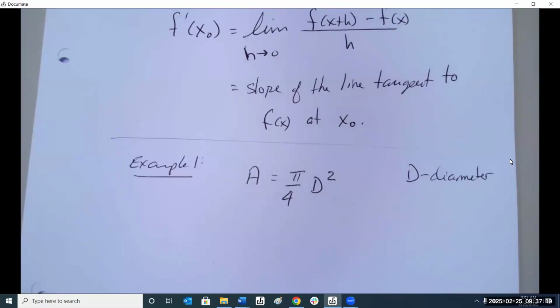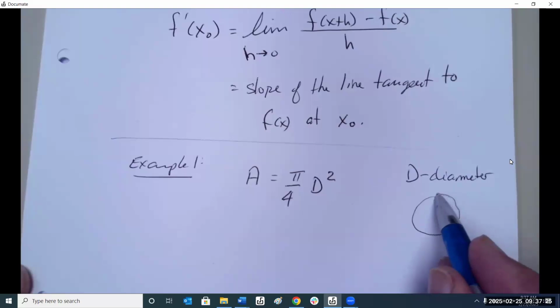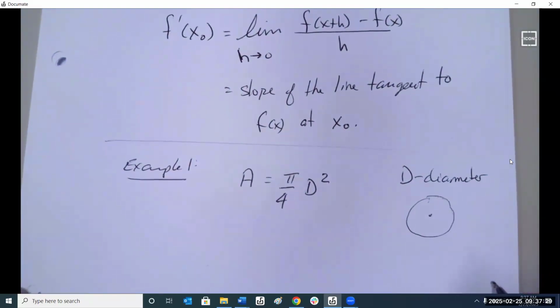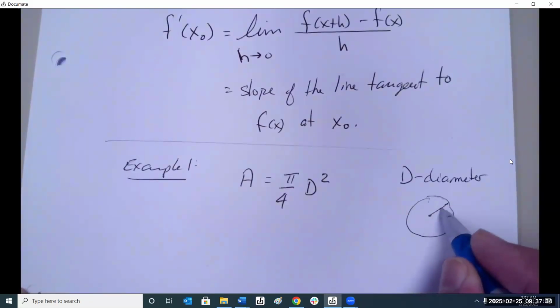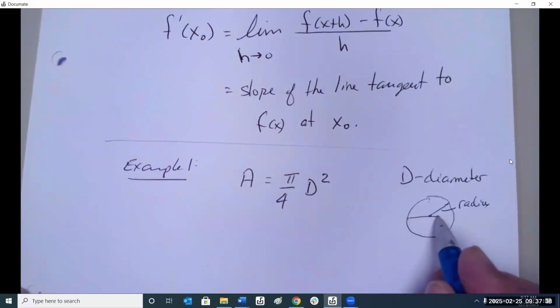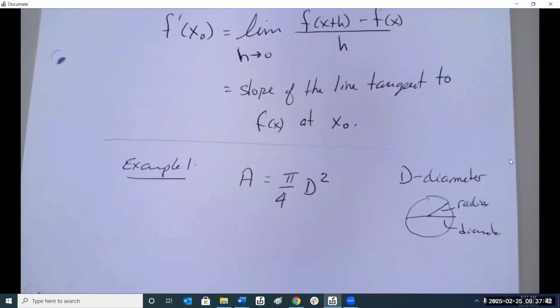How do you define a diameter of a circle? If we had a circle, what is the diameter? Well, from the center to the circle is called a what? So all the way across through the center, that's the diameter. So the diameter is twice the radius.